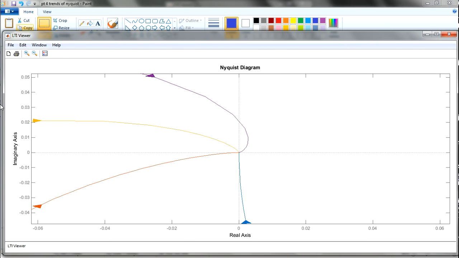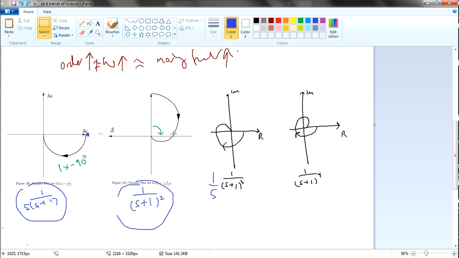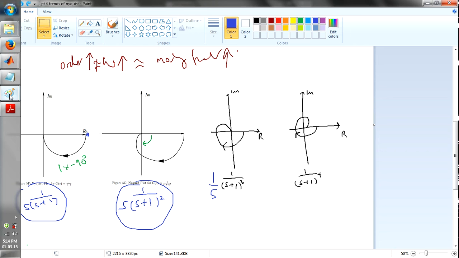So in a clearer view for these things, just to show that they actually cross the portions that I'm telling you. If it's minus 90 degrees, it is only in the fourth quadrant. If it's minus 180 degrees, it is in the third quadrant, and if it's minus 270 degrees, it is in the second quadrant, and if it's minus 360 degrees, it is in the first quadrant, as you can see.